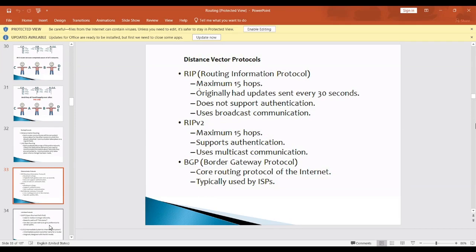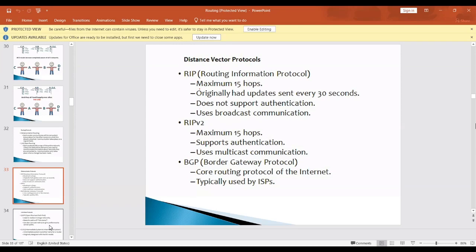More than that, they can't keep information. That is the limitation they have. Originally, updates were sent every 30 seconds. So now you can understand how frequently the routing tables or information of each router is updated. Because of this, high traffic will be generated.